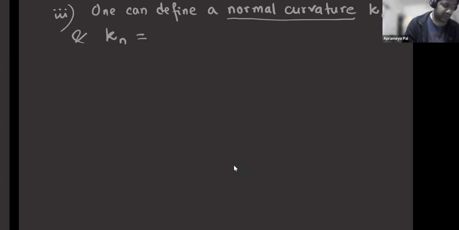You can think of it as the projection of gamma double dot to the unit normal. So this we actually proved, but you can also take it as a working definition.